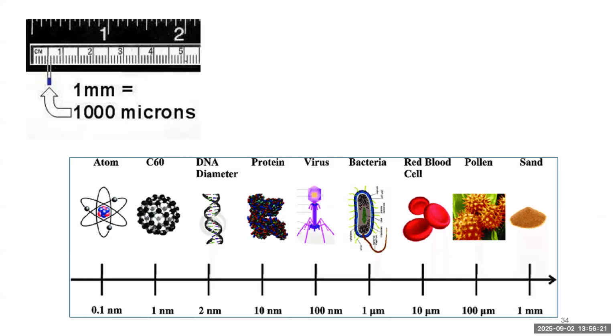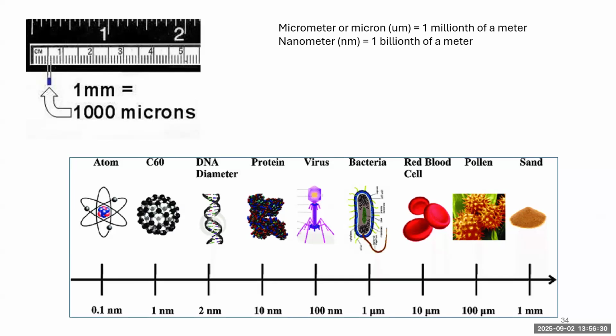A centimeter broken up into 10 divisions is a millimeter. 1 millimeter is equal to 1,000 microns, and 1 micron is equal to 1,000 nanometers. So a nanometer is very small, and we can look at some common objects here. A single atom is 0.1 of a nanometer. That's actually called an angstrom. So we go to a whole different scale when we get down to the size of an atom.